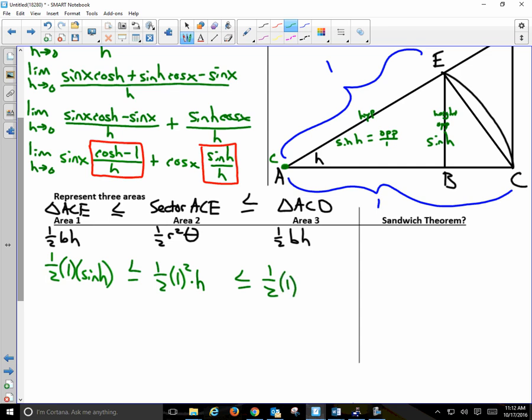And now we know this base, or the adjacent side, and we're looking for the opposite side. What has to do with adjacent and opposite? Namely, the tangent of h is going to be equal to the opposite divided by, what is the length of the adjacent side? 1. And so this becomes tangent of h is your height.